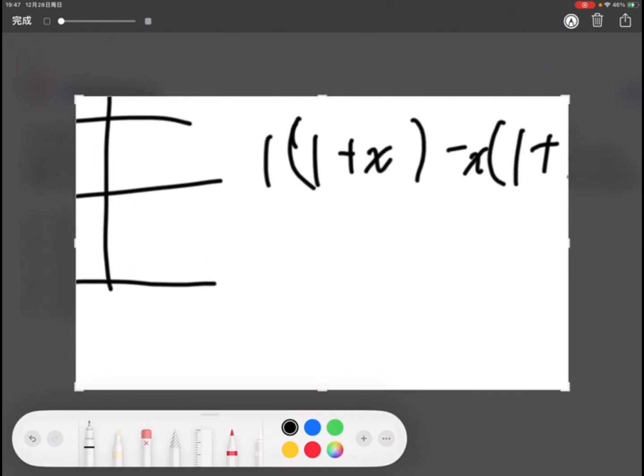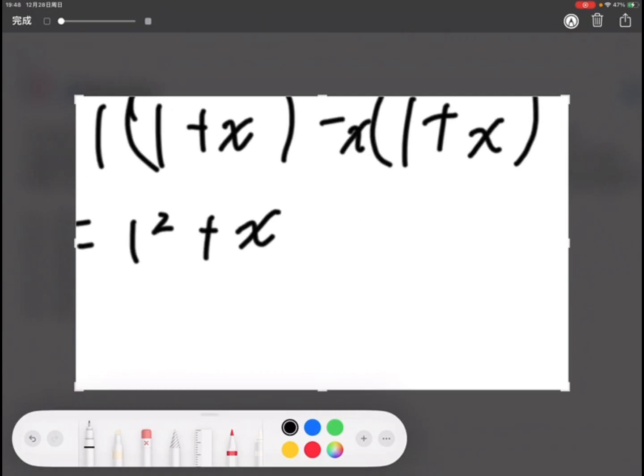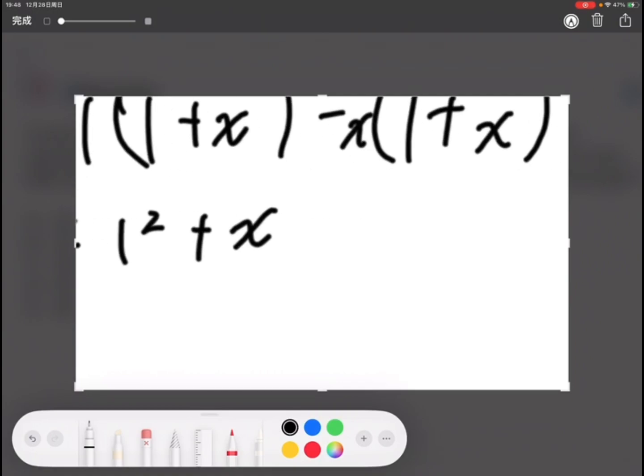And so if we do that, we would get 1 times 1 is just 1, or we could write it as 1 to the power of 2. And then plus 1x is just x. Then we would do here minus x and minus x squared.